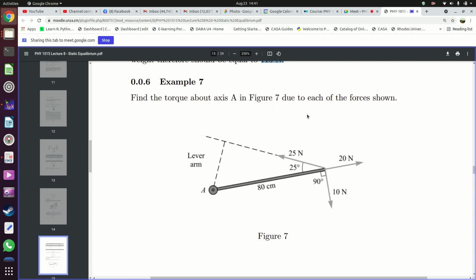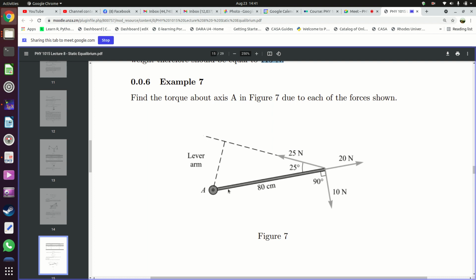So the lever arm is going to be equal to the hypotenuse, which is the length from the pivot up to where the force is acting, multiplied by the sine of this angle. So a straightforward way to find the lever arm in this particular case: you look at where the pivot is, you go all the way up to where the force is acting.